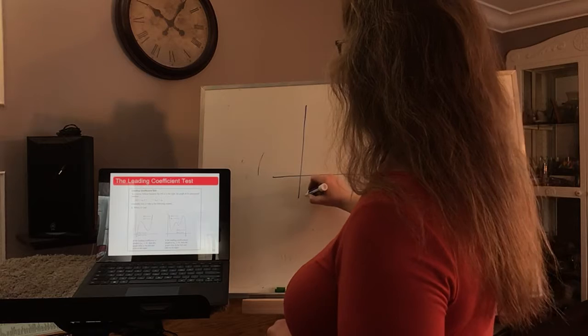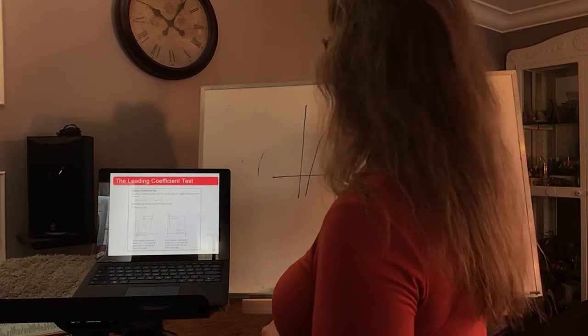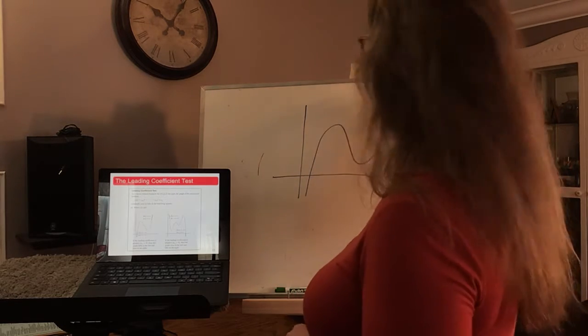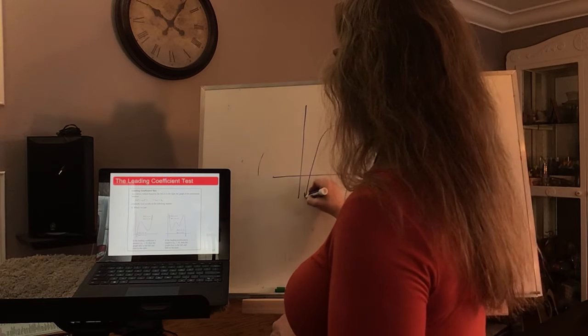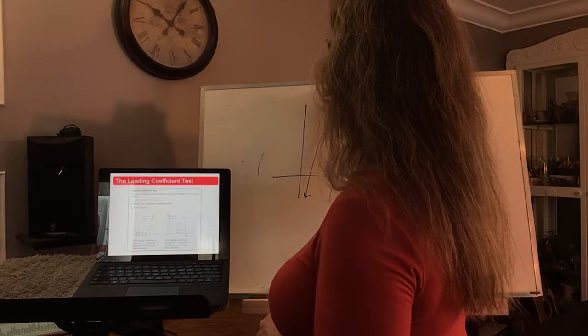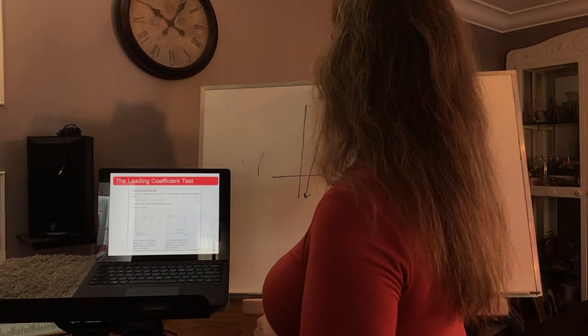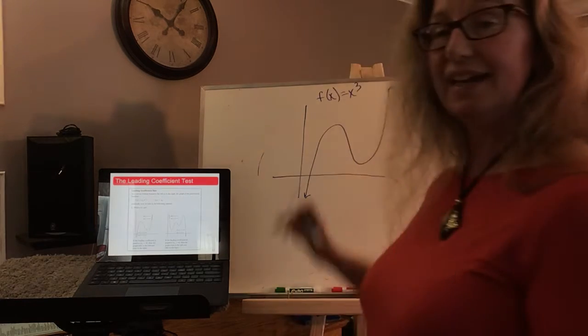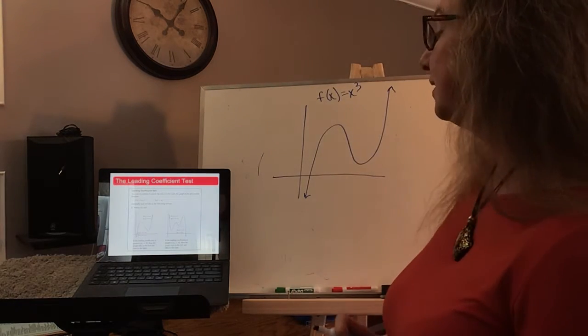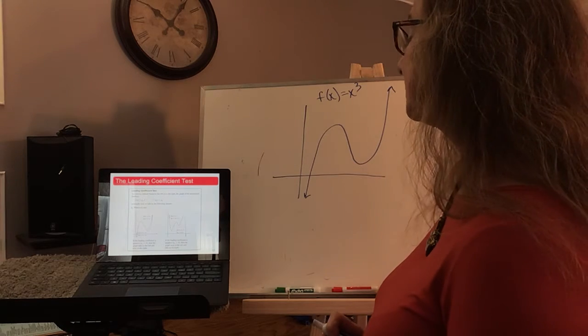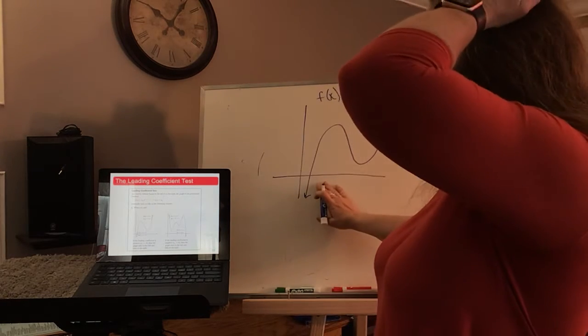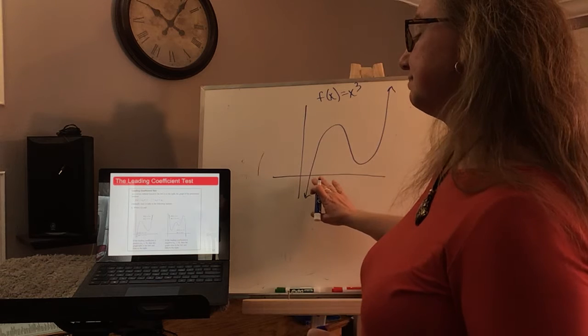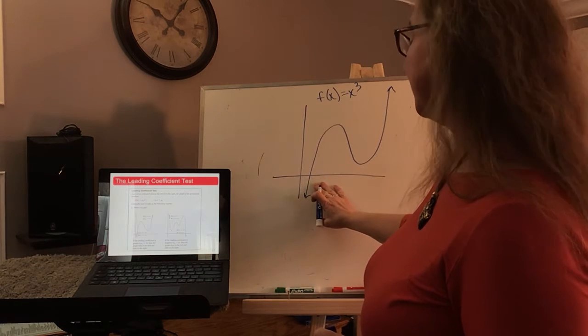And I'm going to draw this. This is an x cubed parent function here. So the parent function is f of x equals x cubed. This is obviously not x cubed because it's shifted over, but it's related to that. Remember, we call those odd functions.